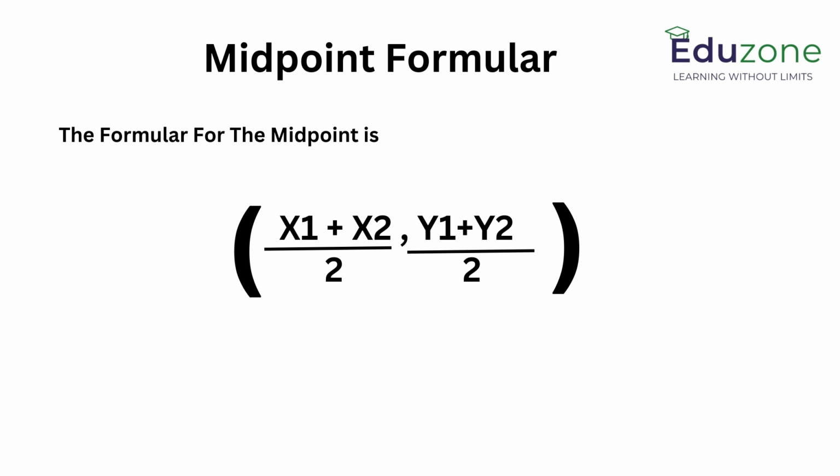So if you are given 2 coordinates, the midpoint is you add the x coordinate of the first point and the x coordinate of the second point divided by 2, since we are finding the midpoint, and the y coordinate of the first one and the y coordinate of the second point divided by 2. That's the formula to find the midpoint of either a line, a coordinate, anything that you are given that has 2 coordinates. That's the way to find the midpoint.